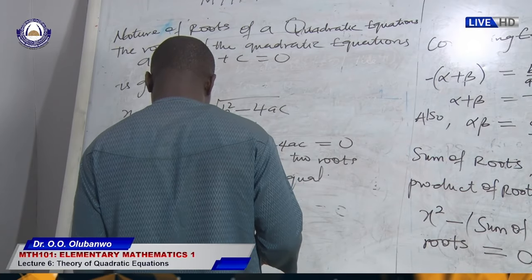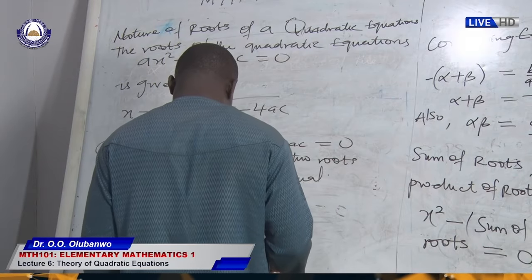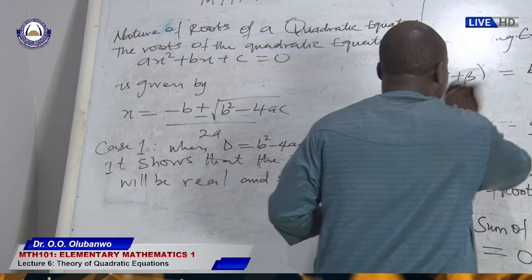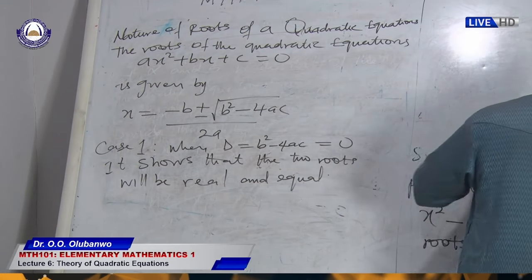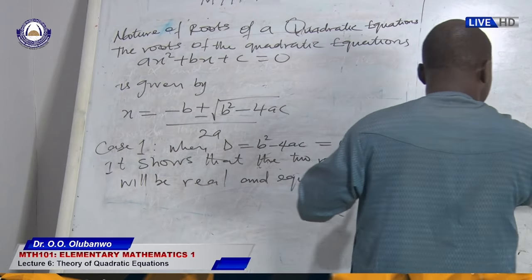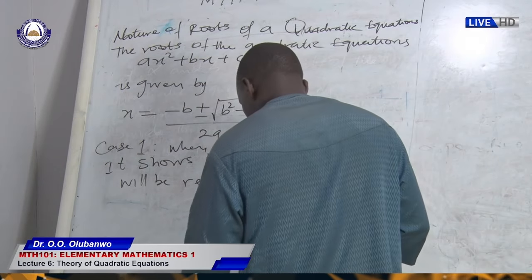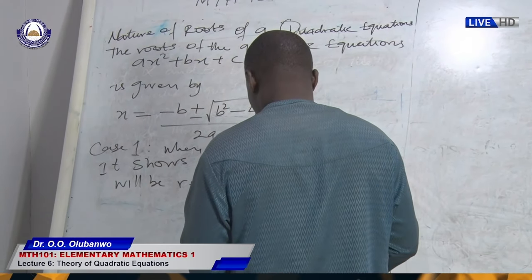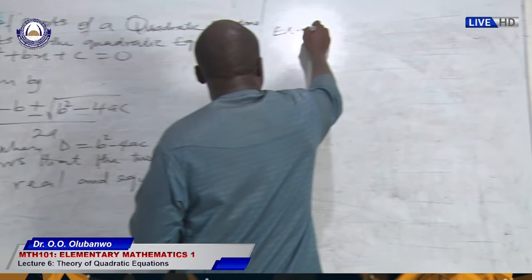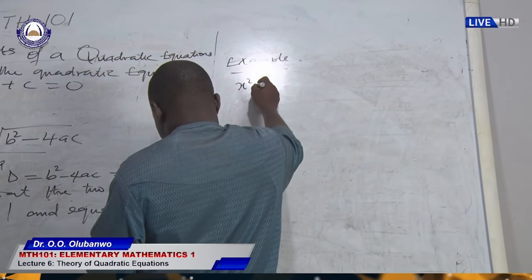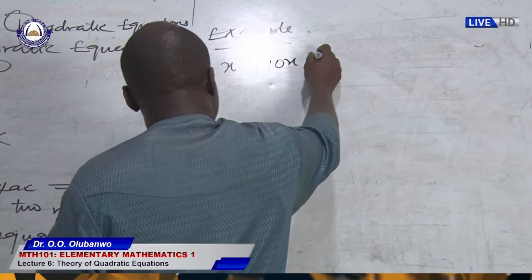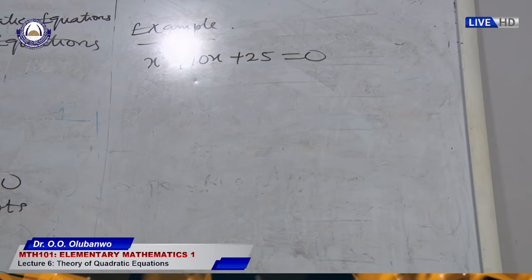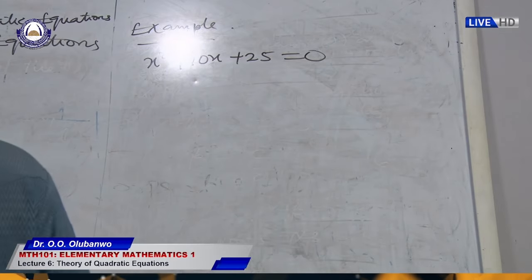Example. Let's take this question down: x squared plus 10x plus 25 equals 0.